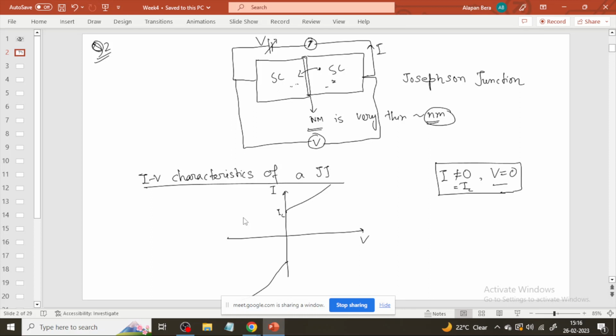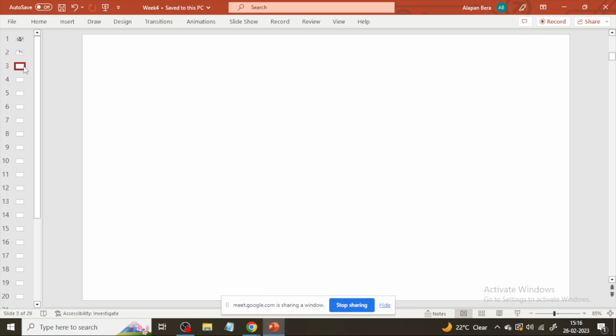Now let's try to understand how the characteristic that appears in the case of the Josephson junction arises. Okay. So let's draw the junction. This is superconducting region L, superconducting region R, and this is the normal metal region.